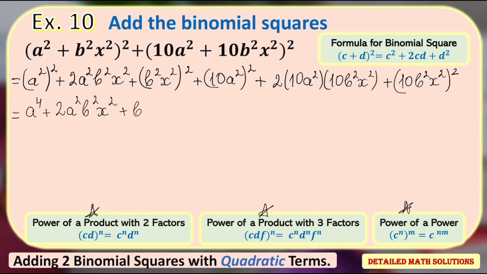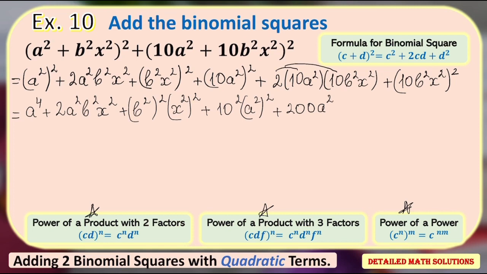That way I get (b²)²(x²)² plus 10²(a²)² plus, for this next term, I need to multiply the numerical parts first, and this equals 200, and then we have a²b²x², plus, for this last term, I need to use the rule for power of a product with three factors.